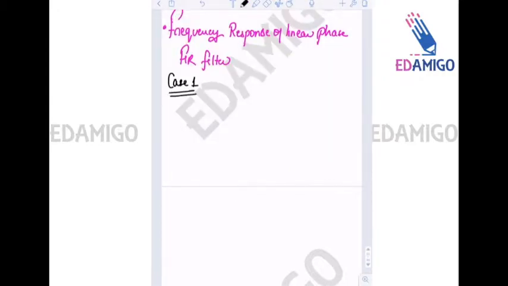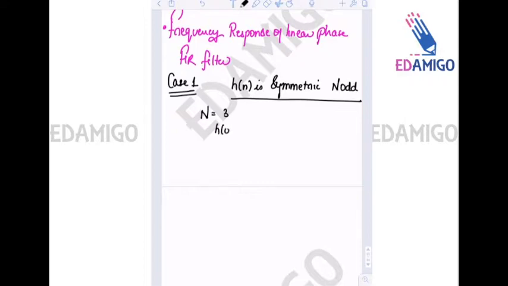Case 1 is h[n] is symmetric and N is odd. So the best way to solve such question is take an example. So let us take N is equal to 3, a very simple example, the simplest example that can be possible. So N is odd, so h[n] will be h0, h1 and h2.